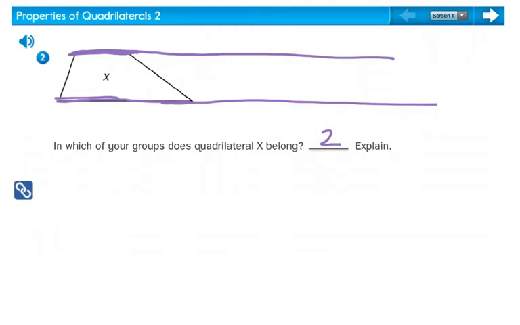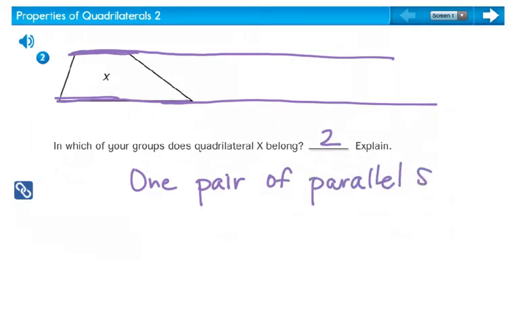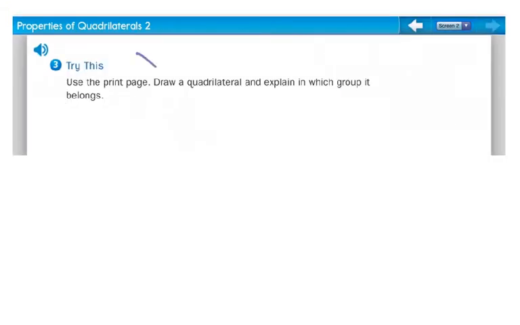And the reason I know is it has one pair of parallel sides. Okay, you don't need to do number 3 for today. All right, you do not need to keep those shapes once you've completed journal page 59. Go ahead and look into your Schoology folder and see what else you need to complete for today's math lesson.